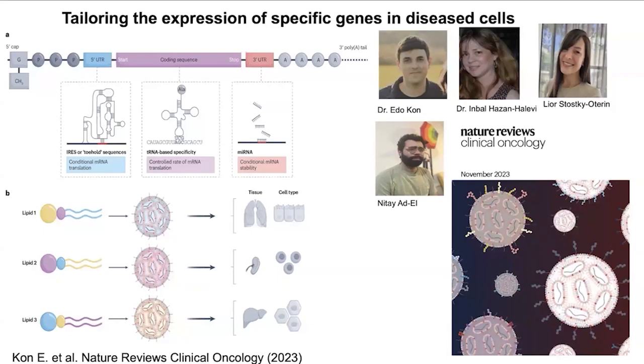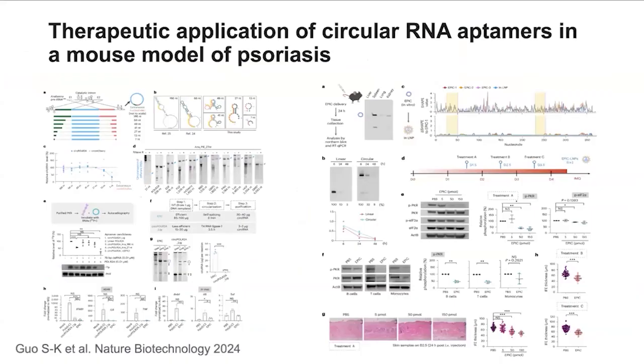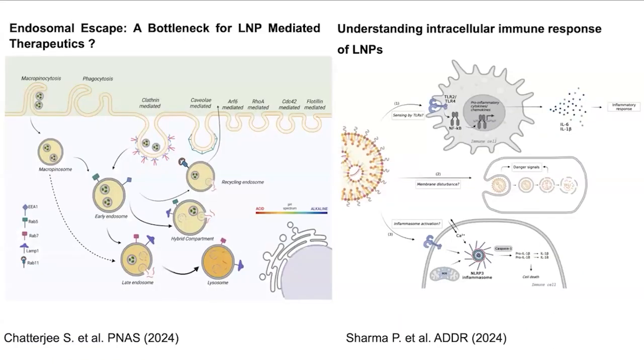In this sense, the integrity of the payload, the integrity of the coating with the lipids, is super important. Another example that we recently published is the ability to use circular RNA as a new modality inside LNPs. But still, the open questions are endosomal escape, which is a bottleneck for LNP-mediated therapeutics, and understanding the intracellular immune response to lipid nanoparticles.